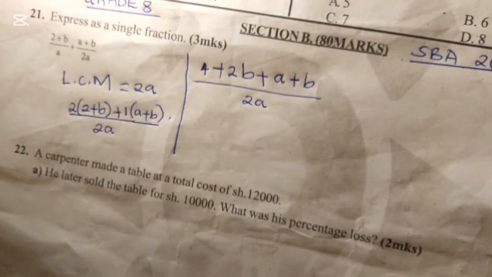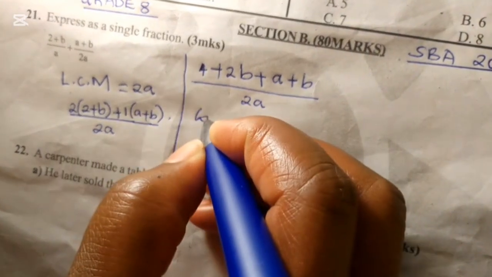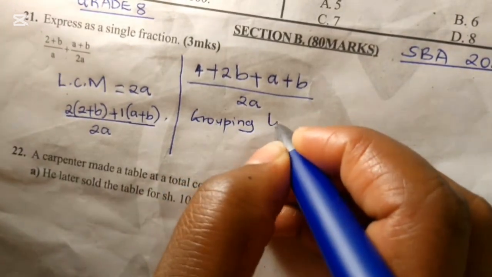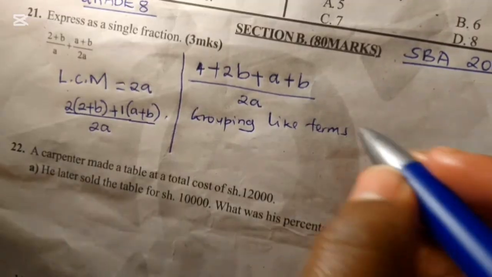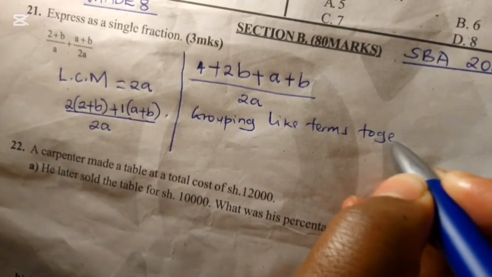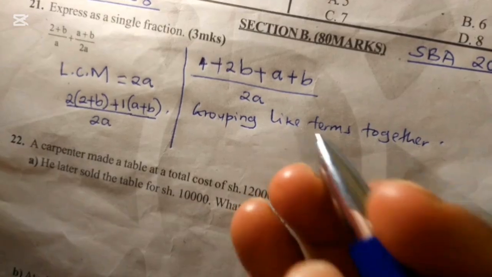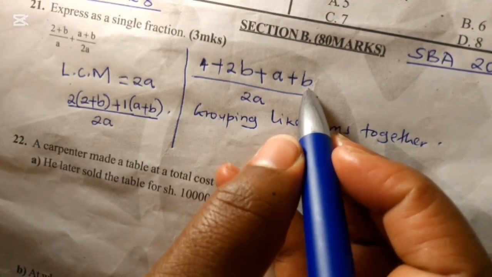And then grouping like terms together, we have a 2b here and we have a b here.